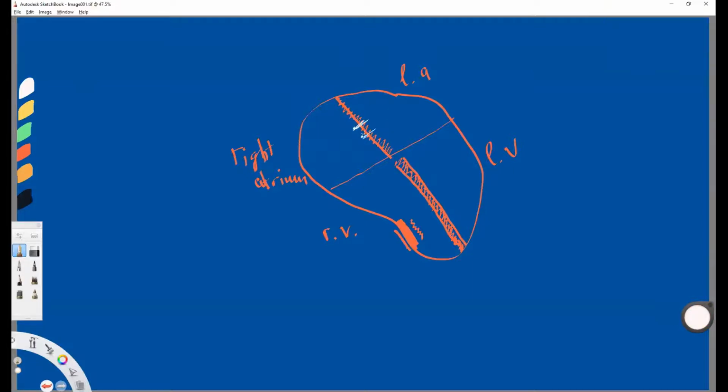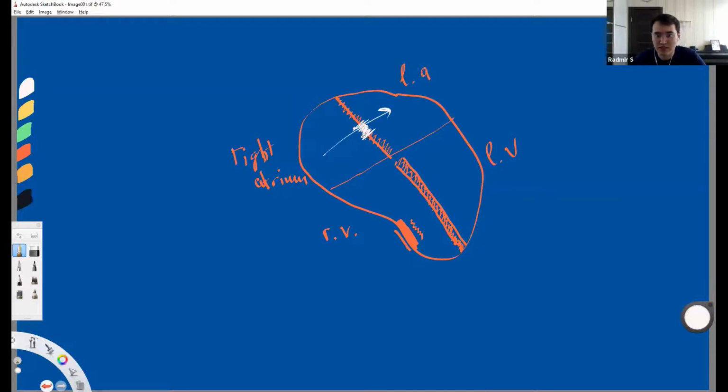So this wall might have a hole in it, so that the blood from the right side can go to the left side and vice versa. So this leads to hypoxia, for example. So people suffer from low levels of oxygen. Why does it happen? Because the oxygenated blood from the left atrium is mixed with the deoxygenated blood from the right atrium.